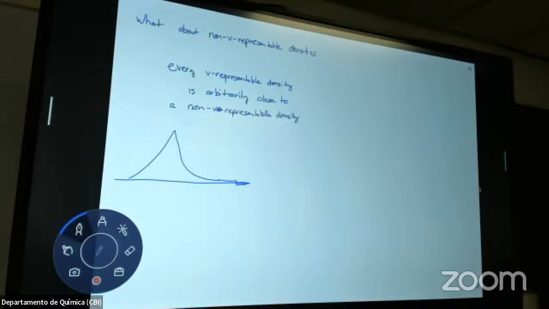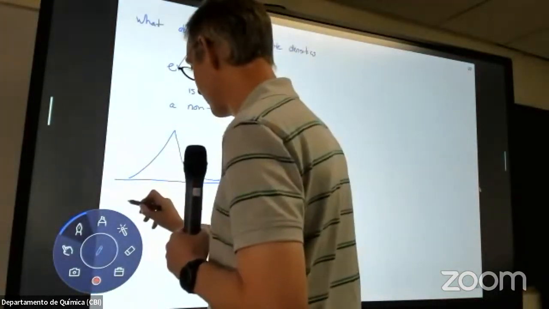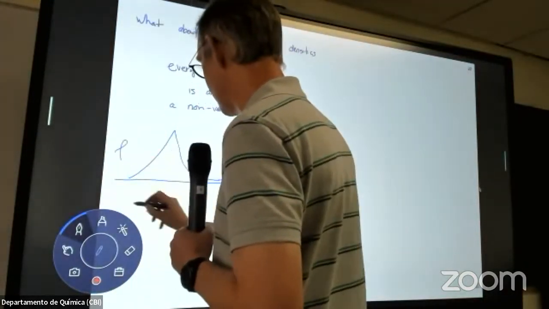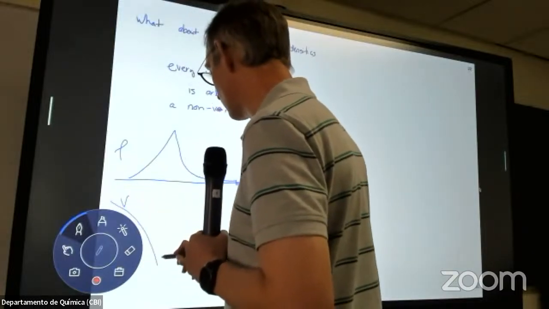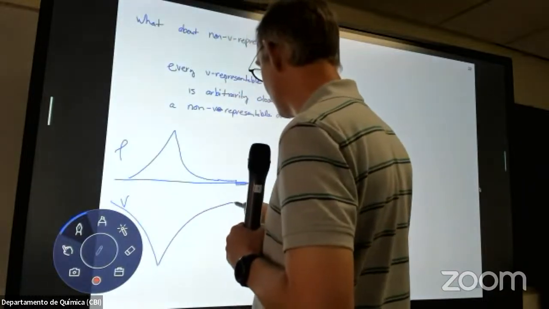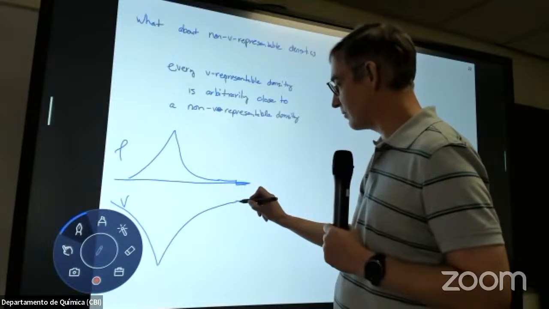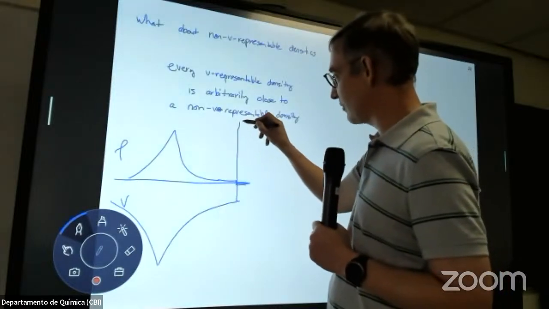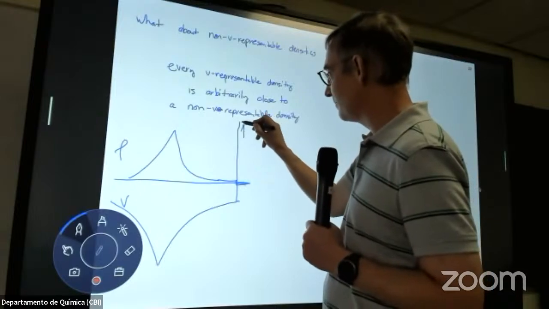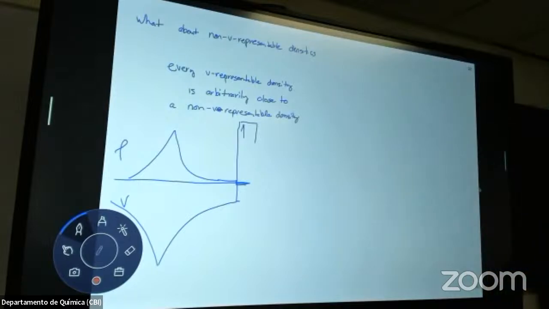The max is a sup in that case, right? So why is the max a sup? Well, my potential, so this is rho, my V will look like this. And then in this region, I can do anything I want to. So I have a gigantic barrier that goes up to infinity here, right? That keeps the density out of that region.